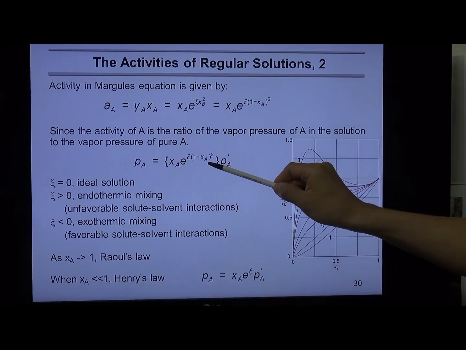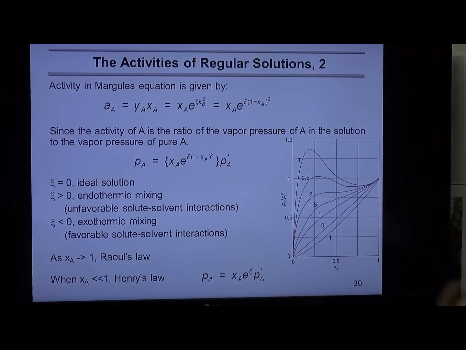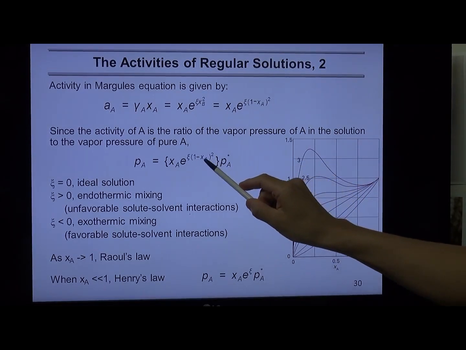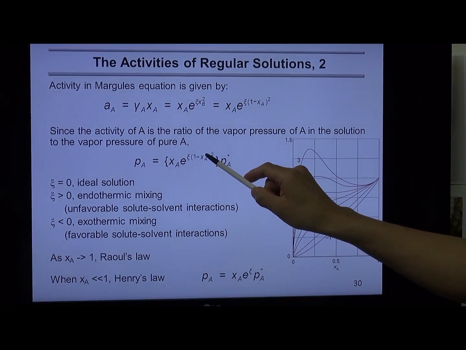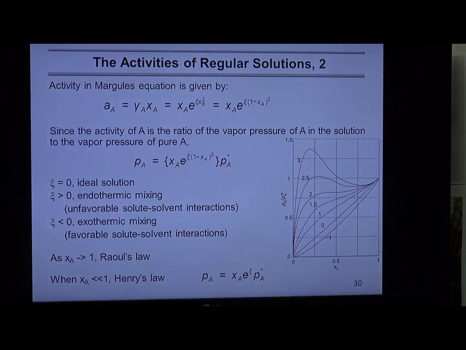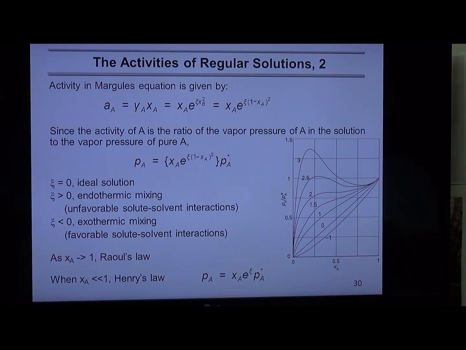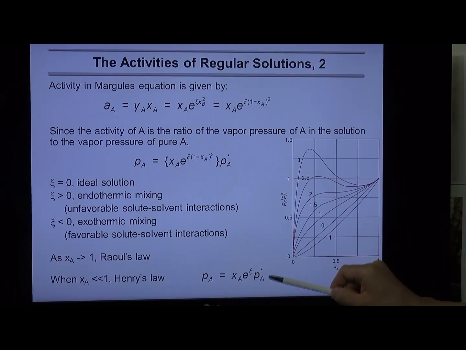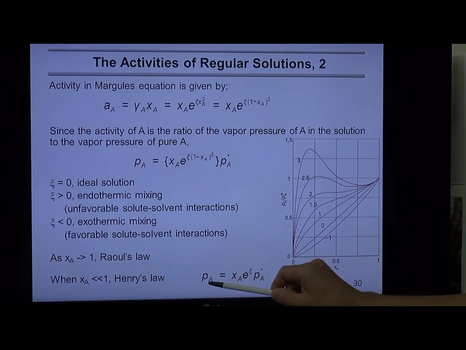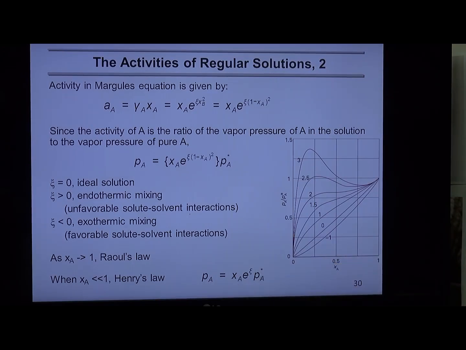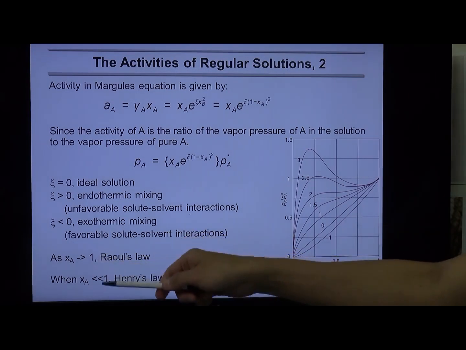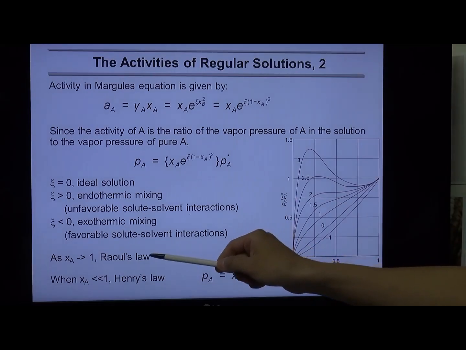If XA is much smaller than 1, then you can basically ignore this XA. Then this equation looks like this. PA is equal to XA e to the psi PA star. And e to the psi and PA star are both constant, so basically PA is constant times XA, which is Henry's law. So you can see clearly that at these two different limits, we have Raoult's law and Henry's law.